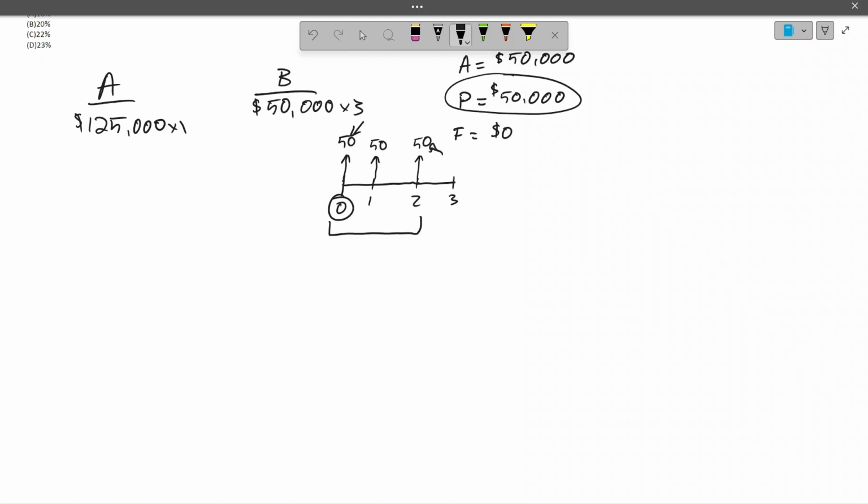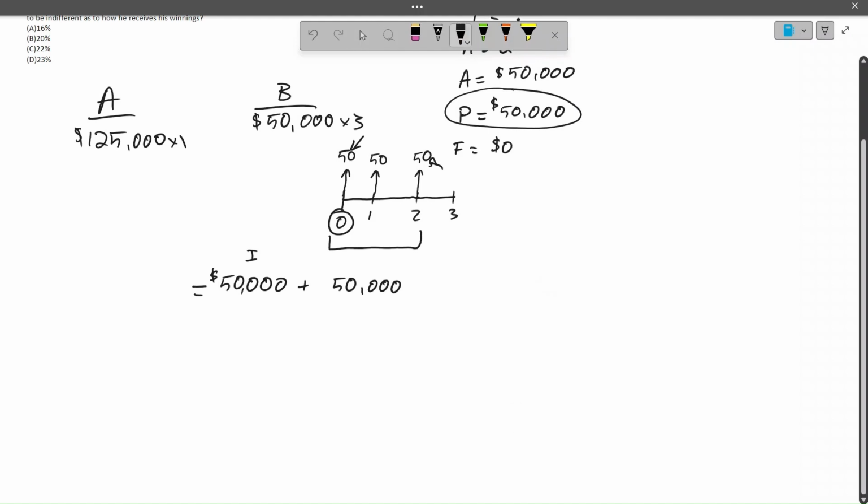But what is this worth right now? So let's do $50,000, and this $50,000 comes from the initial payment. This is going to be the initial payment, so we're going to add on the $50,000, and this one right here, this is going to be the accrual, or the annuity that we're going to be receiving.